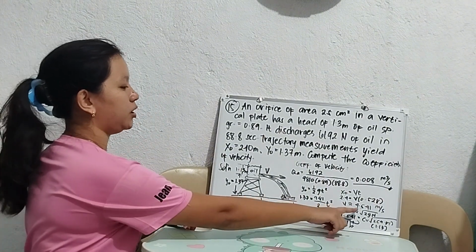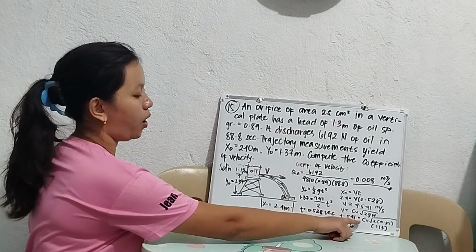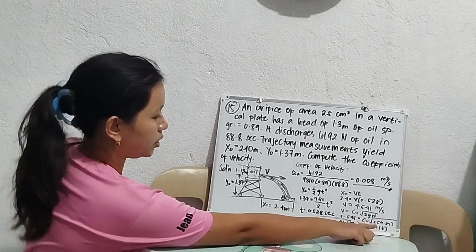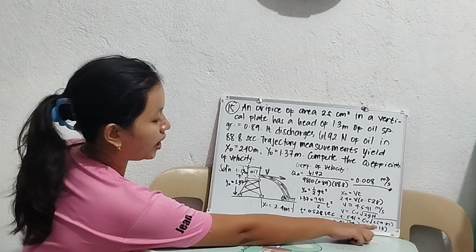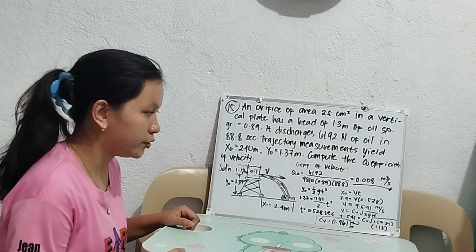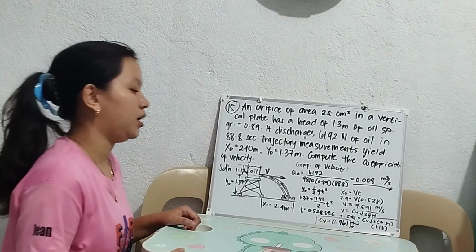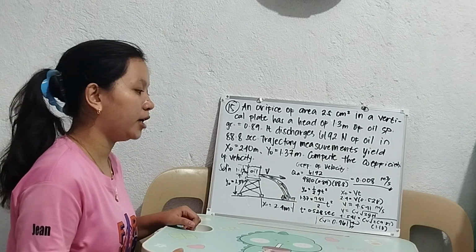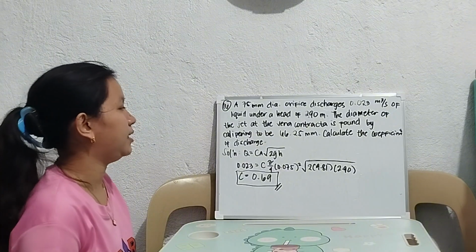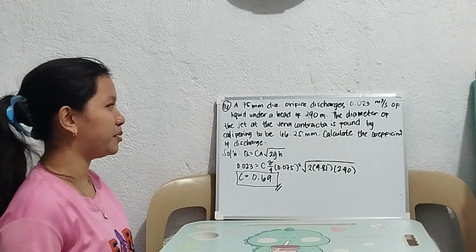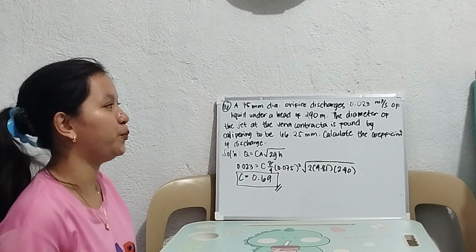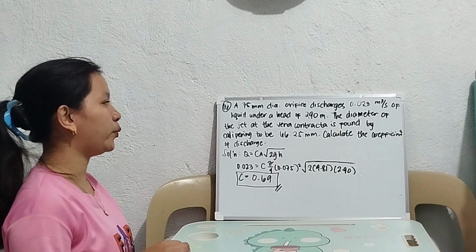So the velocity 4.541 equals the coefficient of velocity times the square root of 2 times 9.81 times 1.3. So the answer for the coefficient of velocity is 0.961.